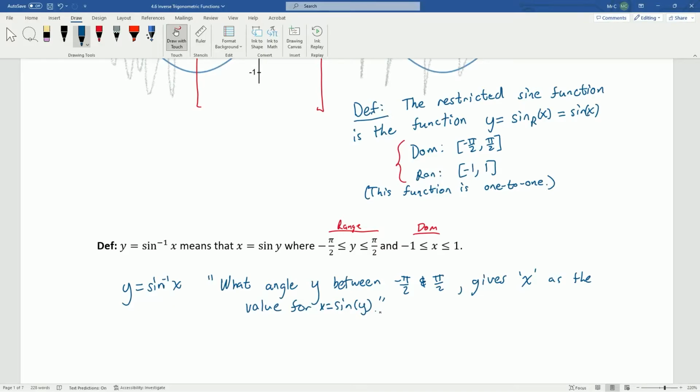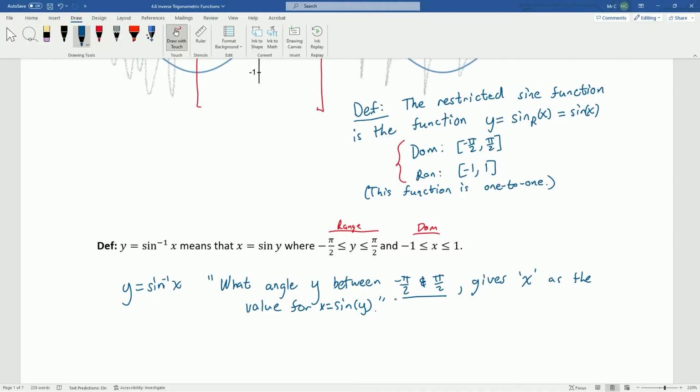So in other words, it's just asking the opposite question, right? Whereas the sine function says, my input is an angle, what y value do I get in the unit circle? The inverse trig function says, here's a y value, what angle would have given you that? But with the extra condition that I only want you to look at angles between negative pi over 2 and pi over 2. Otherwise, you would have infinitely many answers.